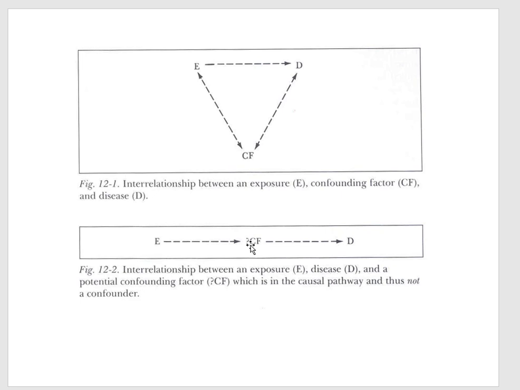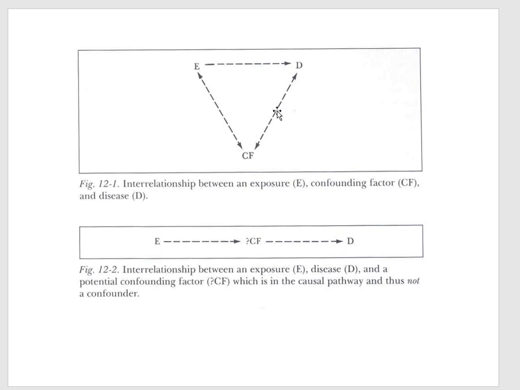So what is a confounding variable? A confounding variable is a variable that affects the relationship between the exposure and the disease. It alters it, either by making it weaker. So there could be a relationship between the exposure and the disease, but the confounding variable is erasing it, making it as if it does not exist.